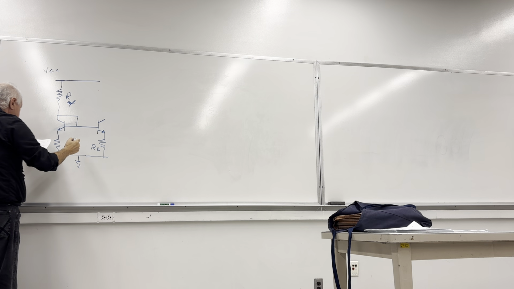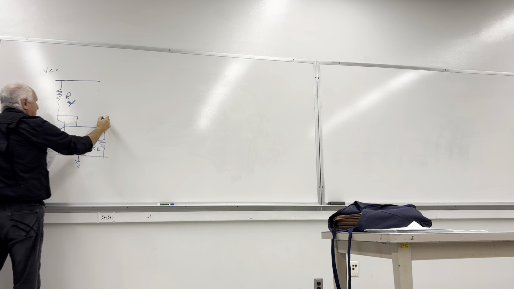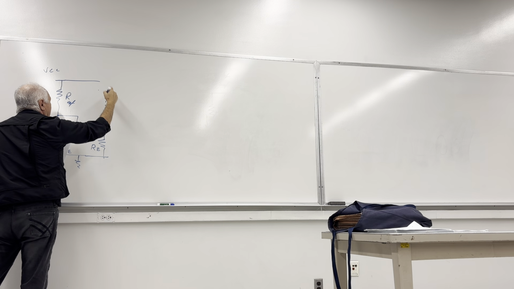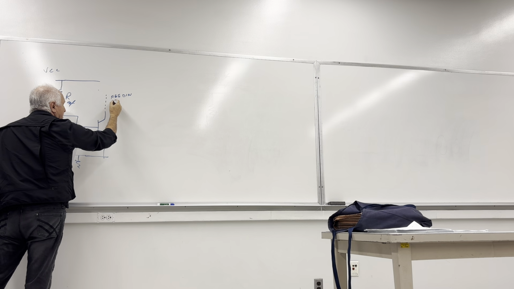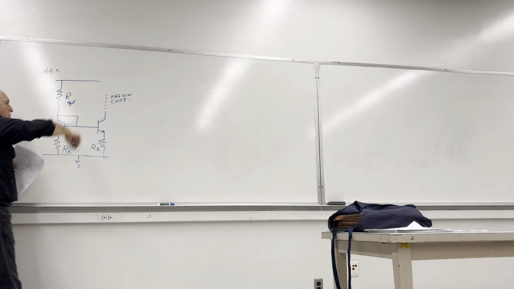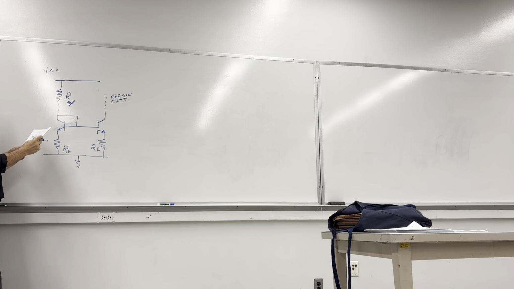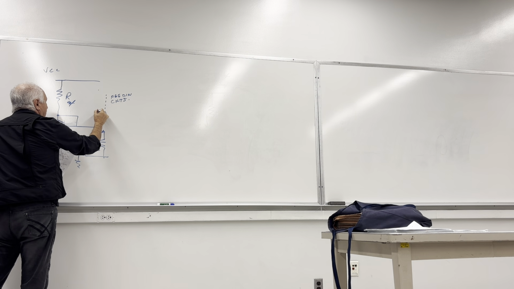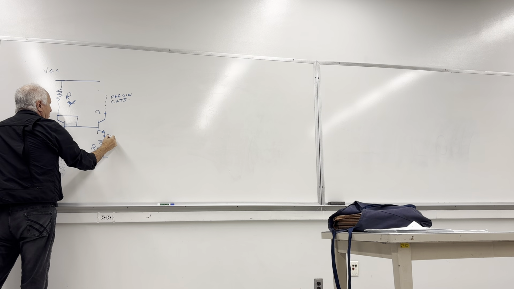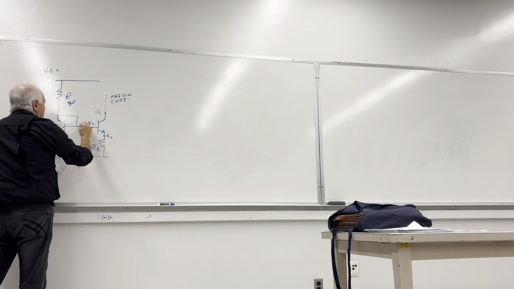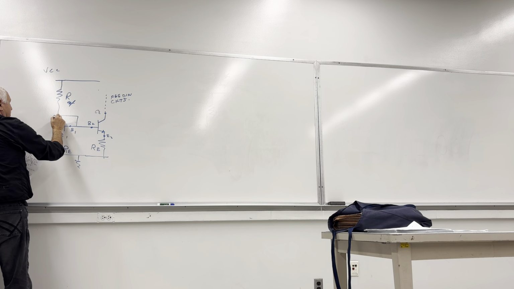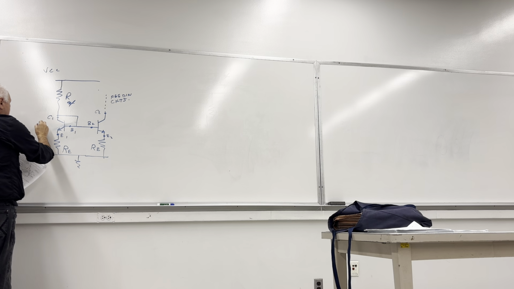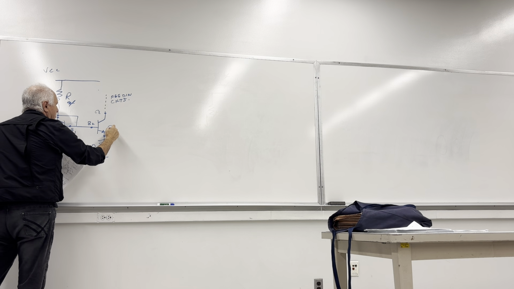VCC, this is IC2, feeding circuits above, whatever it is feeding. And then we get C2, E2, C of the 2, C of the 1, E of the 1. This is the C of Q1 transistor, Q1 and Q2.